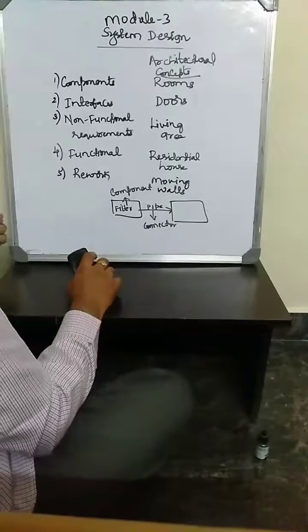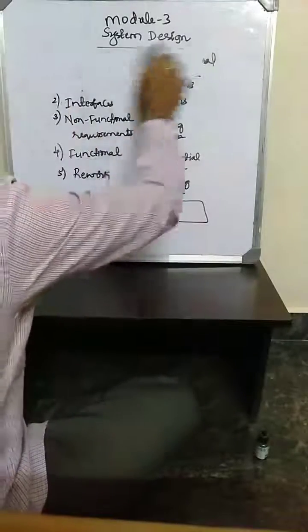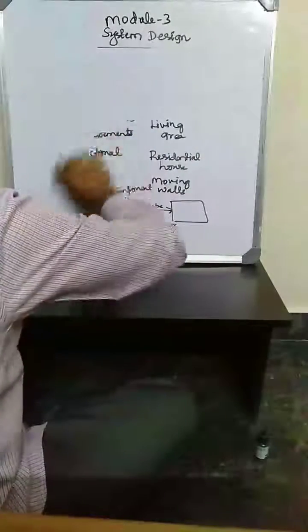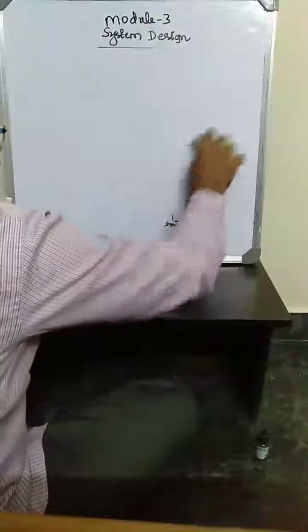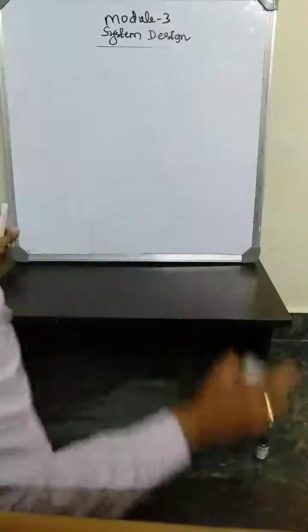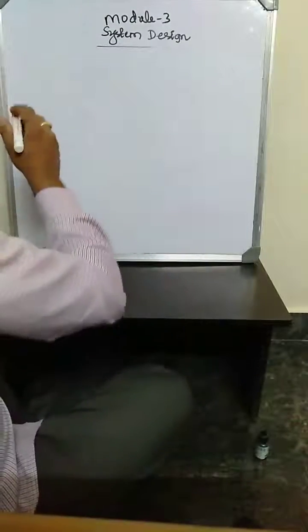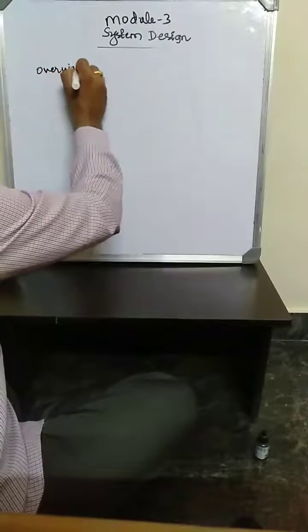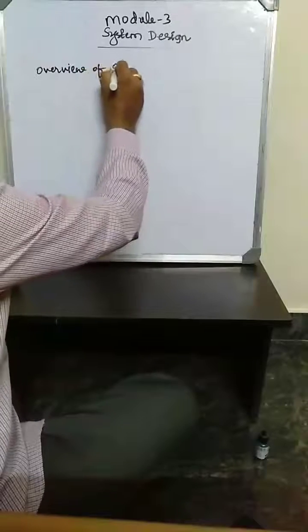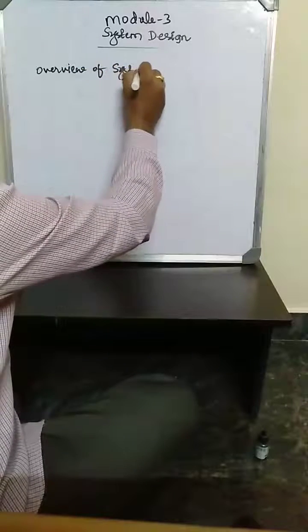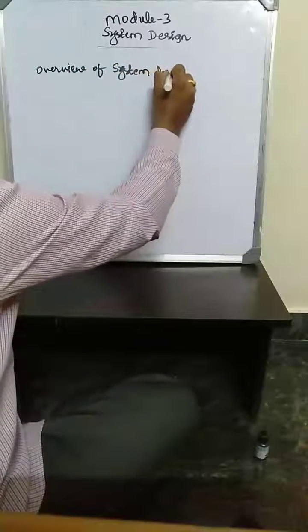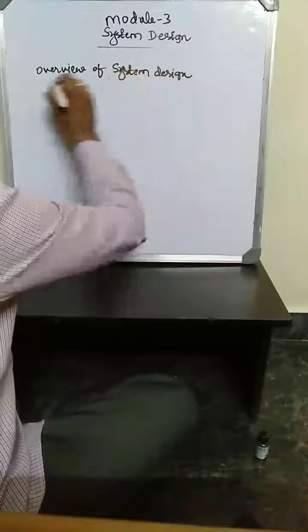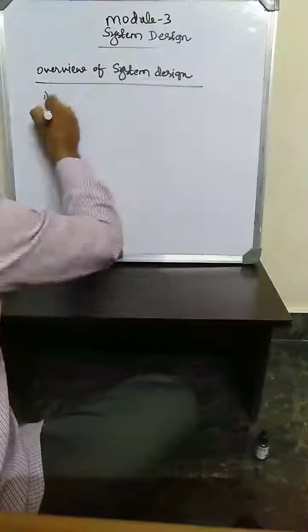Okay. So next, the second topic. The next topic that we want to understand in our system design will be the overview of system design. Okay. So in this one, we have to understand some aspects.